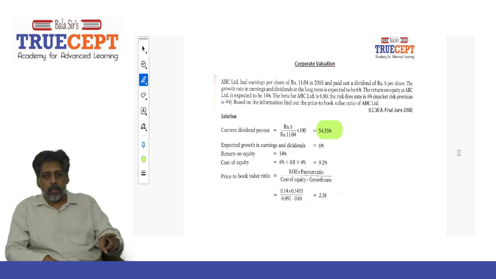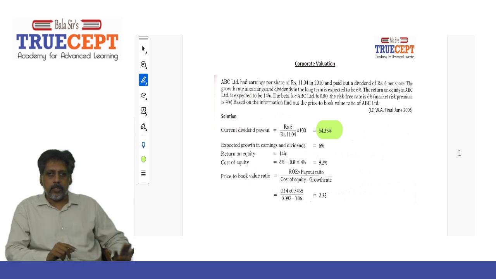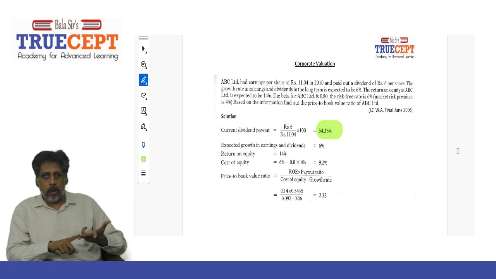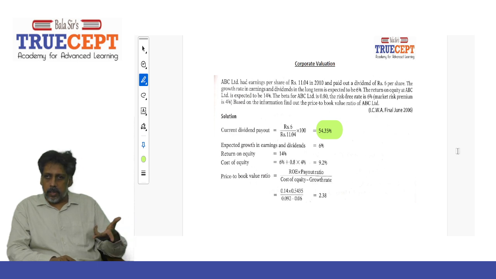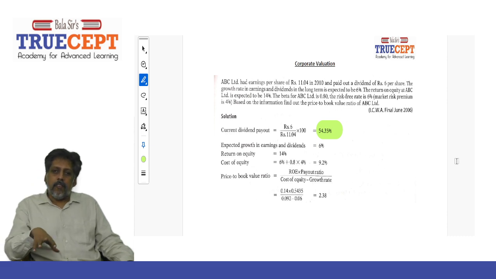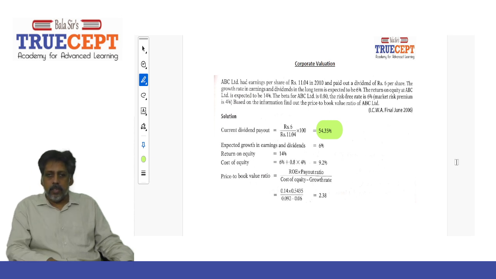Now let us go ahead and jot down other information. Next, you can write down the return on equity and then RF, all those are given. The growth rate is 6%. Now we shall focus on how to calculate the cost of equity. Now just see the formula, you all know this formula.